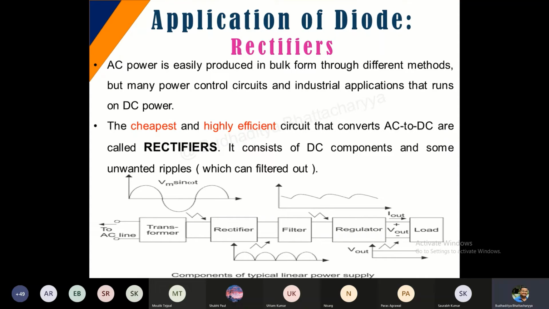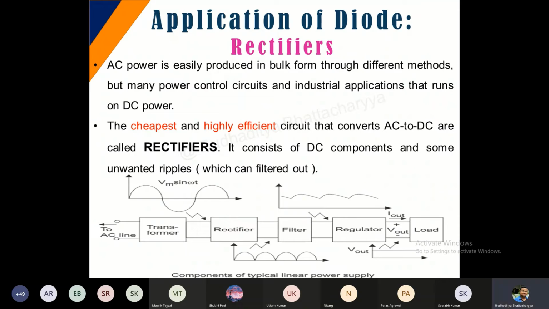So if you want to operate a device with a constant amplitude, then definitely you have to convert the AC to DC. And that is where a small circuit of this diode is absolutely essential.